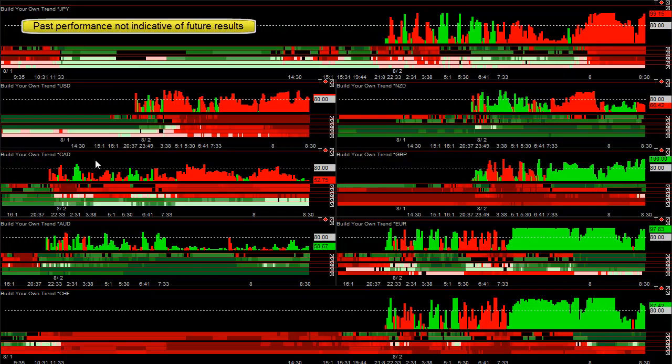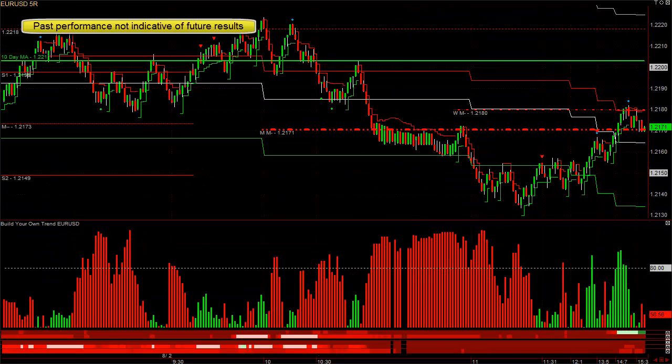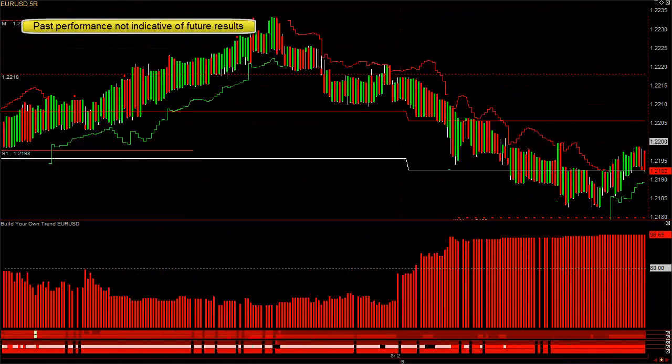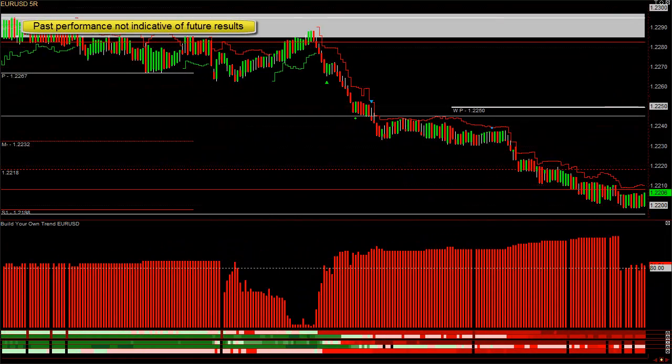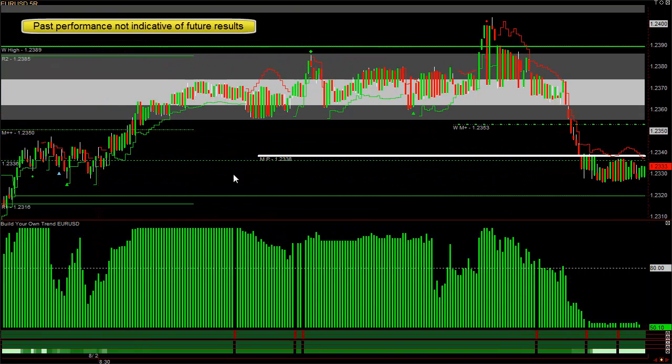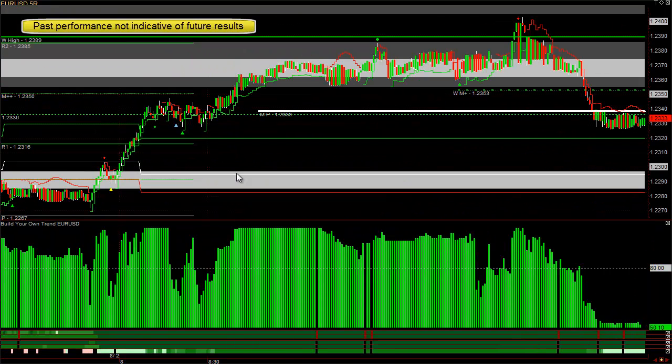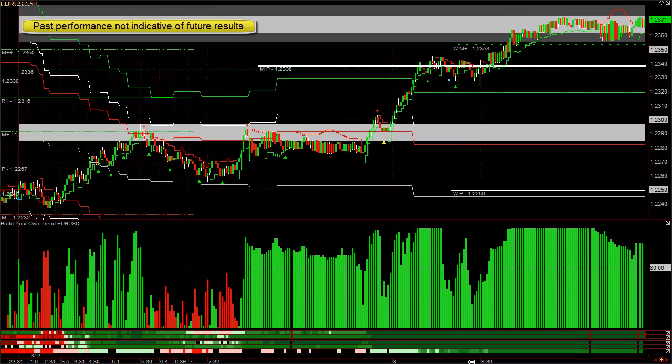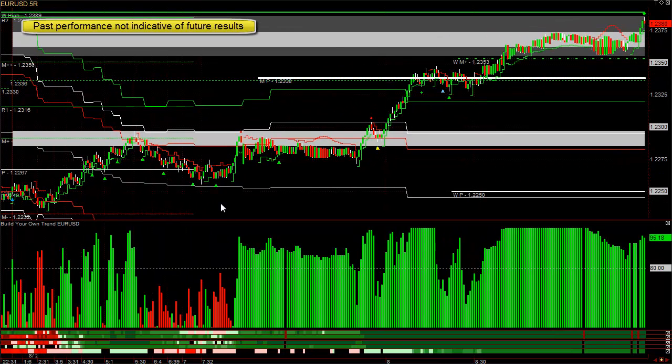So let's take a look at that one. We're looking to buy the euro versus the dollar after 7:30. Let's scroll this chart back. Here's 7:30.